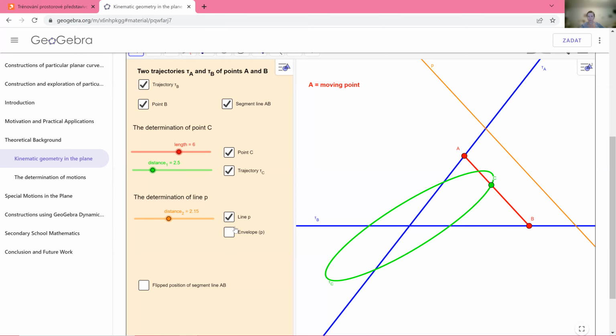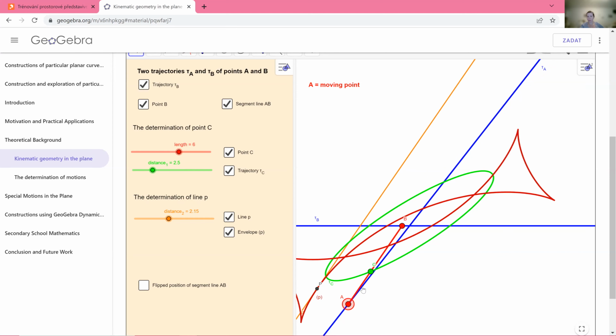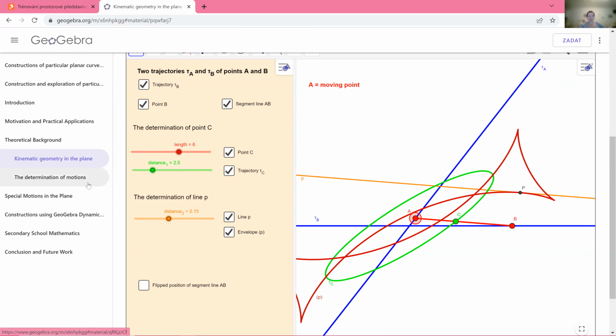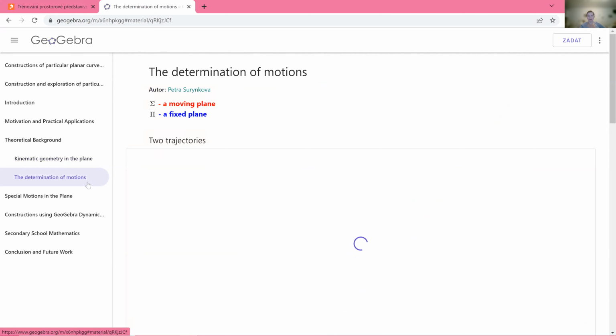And also you can see another curve, here an example of a line, that will draw some envelope. An envelope is a curve which is at every moment touching the moving curve. So this is the topic, what kinematic geometry is about, and some theory behind it.